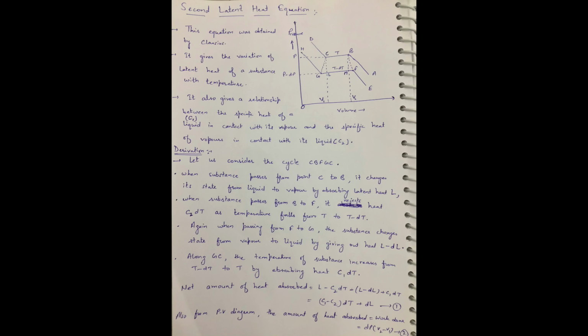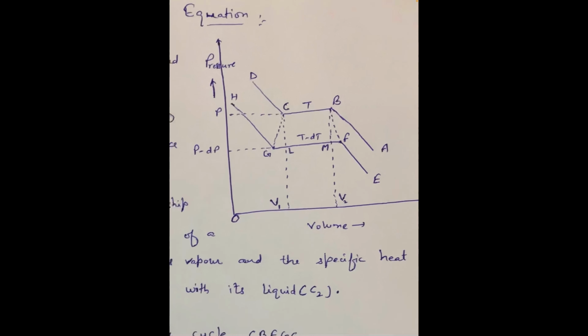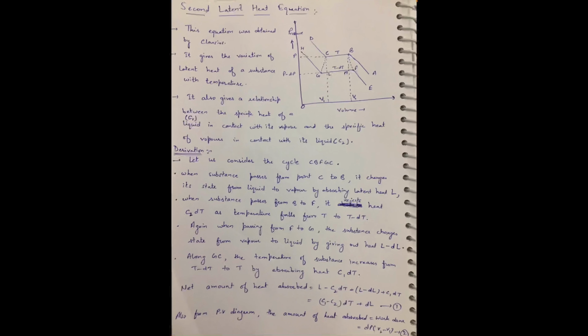Okay, now its derivation. Let us consider the cycle CBFGC. In this cycle, CB represents an isotherm having temperature T. Let us say the substance is initially at point C. So when the substance passes from C to B at constant temperature T and pressure P, the substance changes its state from liquid to vapor, because at point B the substance is in pure vapor state.